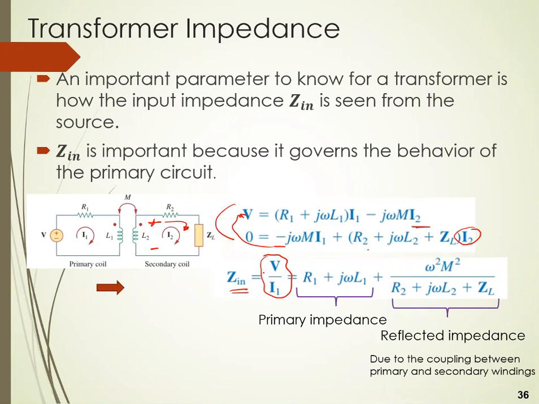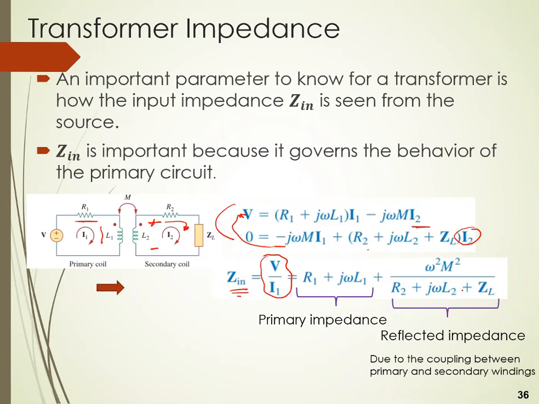If we divide those two terms, we get an expression for the input impedance that has these components, where the first two terms correspond to the primary impedance, right here. And the second term is what we call the reflected impedance.